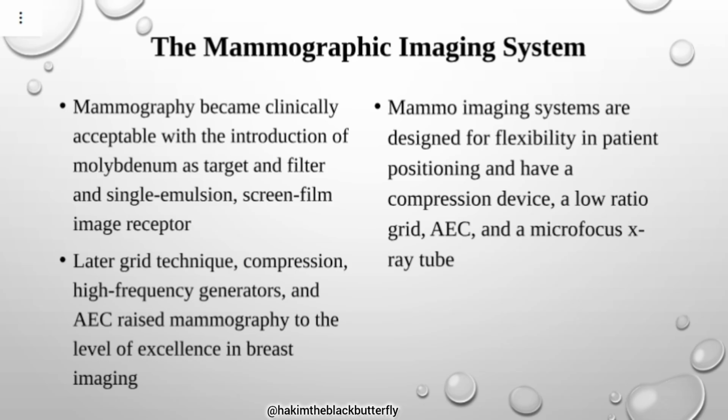Now, imaging systems are designed for flexibility in patient positioning, and they have a compression device, a low ratio grid, automatic exposure control, and a micro-focus X-ray tube. In conventional radiography, the focal spots used, one has a size of 1 millimeter, and another has a size of 3 millimeters.